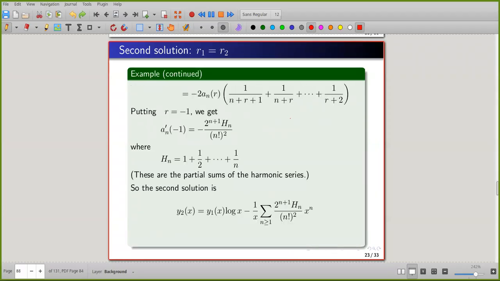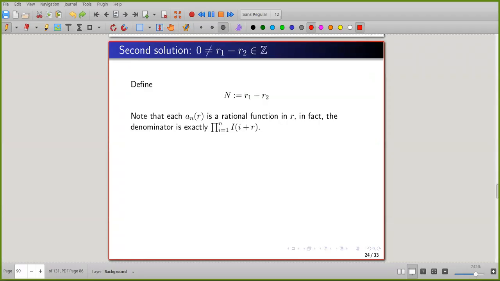But I decided to do this derivation because it is interesting, and it has something new in it: we view these a_n as functions now. We define them as functions, and that helps us.